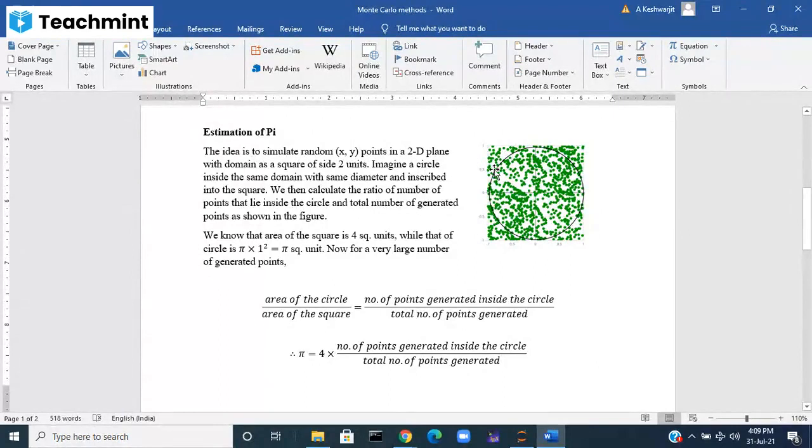We generate a number of random points inside this square. Then we calculate the ratio of the number of points that lie inside the circle and the total number of generated points as shown in the figure.